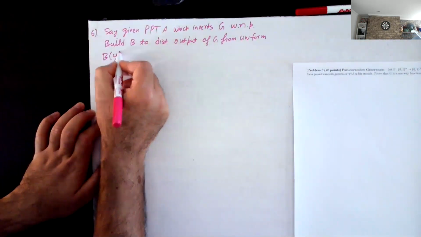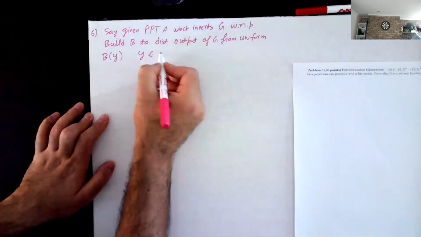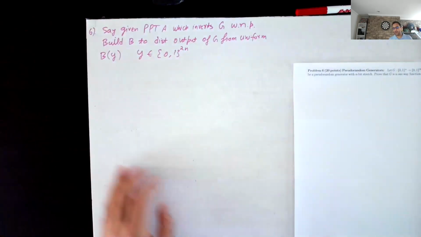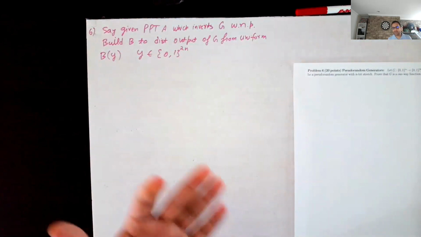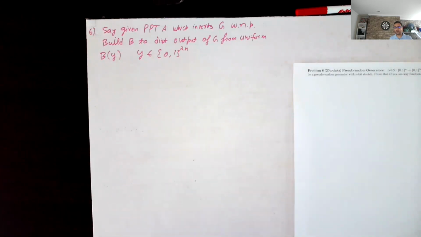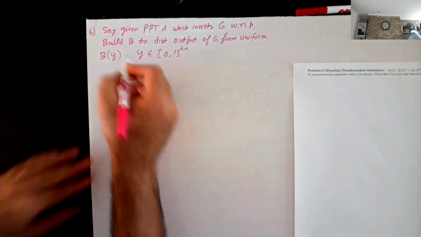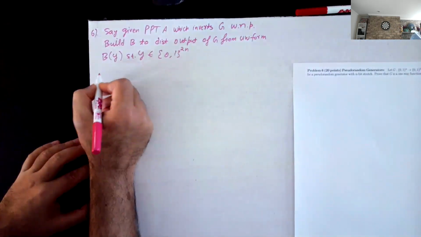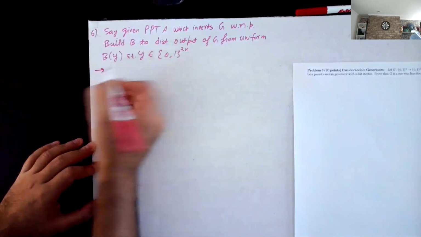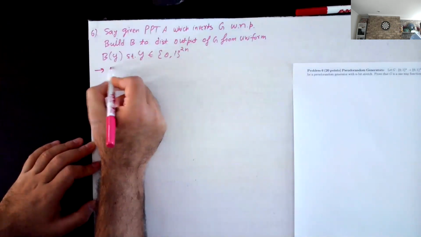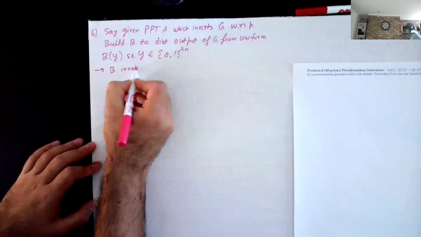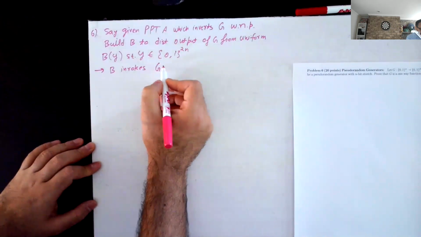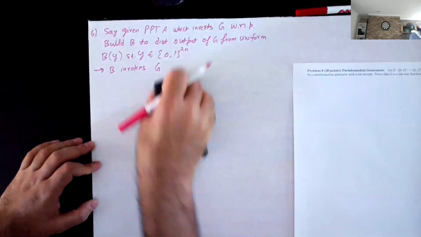B takes as input some y, where y is a 2n-bit string. Okay, and B has to guess, is it the output of a PRG or is it a truly random string? So B works as follows. B invokes A on y.